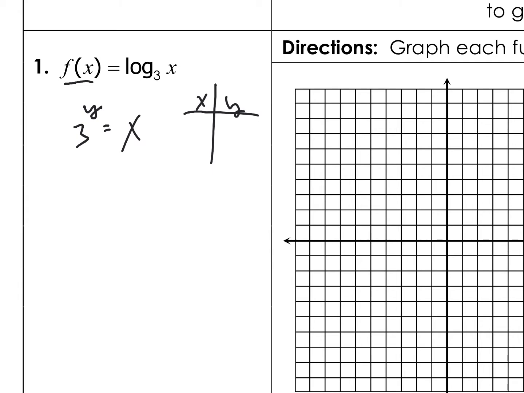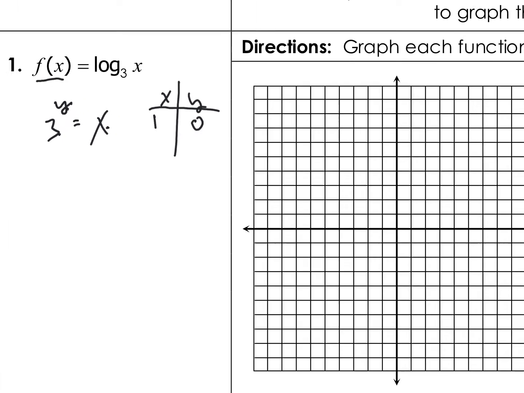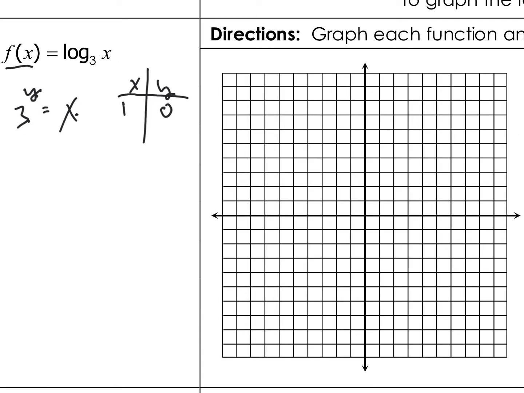If y was a 0, then the x is 3 to the 0 is 1. So I know (1, 0) has to be a point. Well, I showed you that a minute ago. That would be definitely a point.